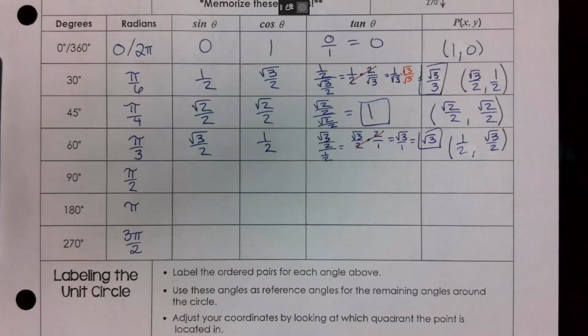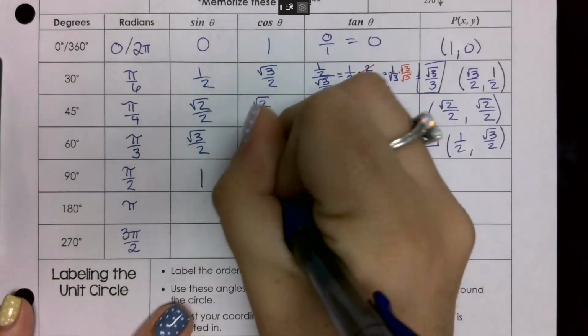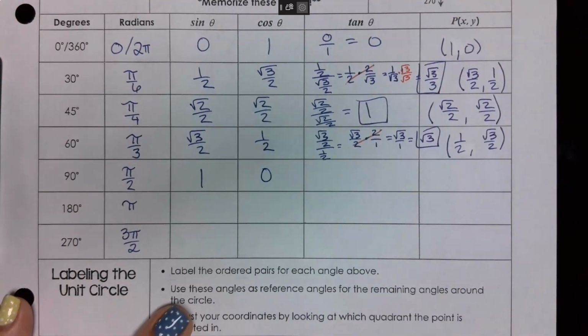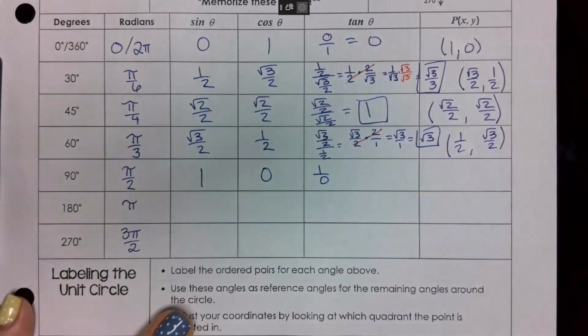90 degrees, what's my sine? Sine is my y value. 1. And then cosine is... and then tangent is sine divided by cosine, so 1 divided by 0.